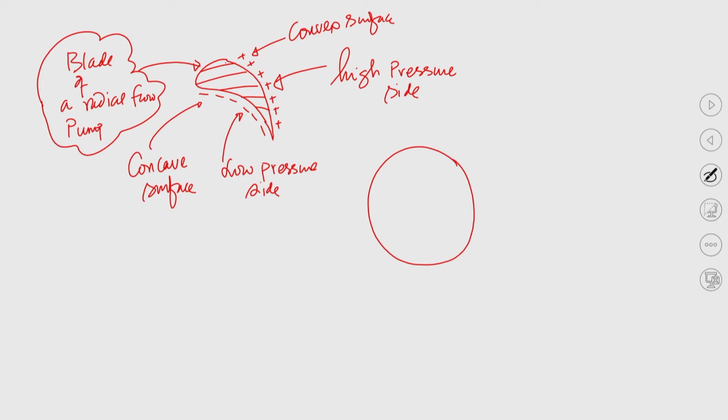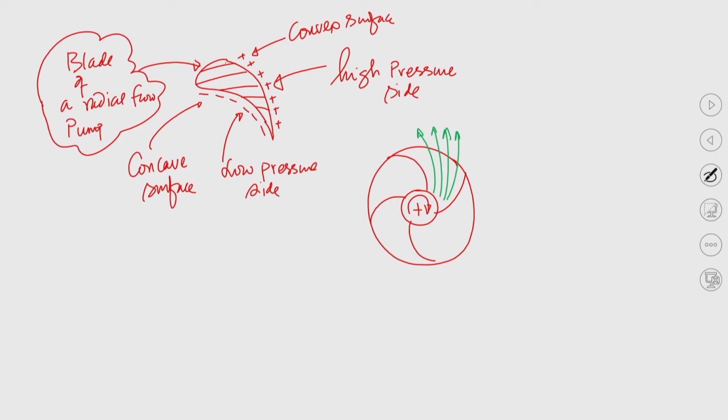Now, if I try to draw the impeller of a radial flow pump again, okay, this pump is rotating in the clockwise direction, fine. The liquid is coming out in this direction and the impeller is rotating in this direction.